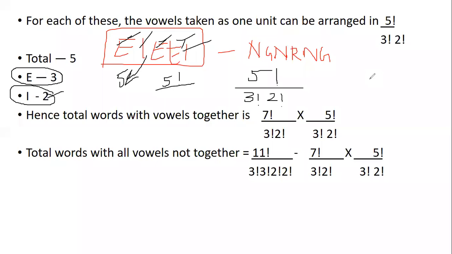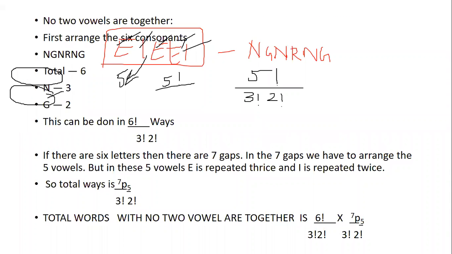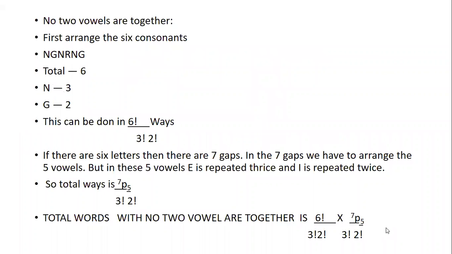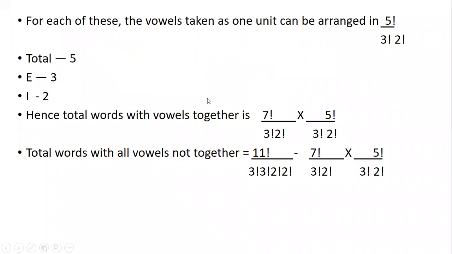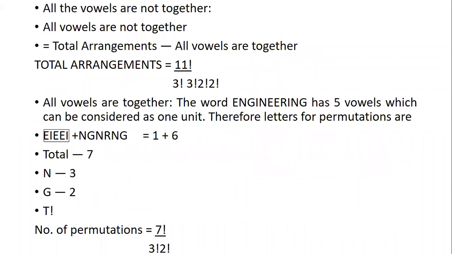If you look back to the previous sub question, we are dealing with the same question here. Now all the vowels are not together. We found out the total arrangement. We are still finding all the vowels together.